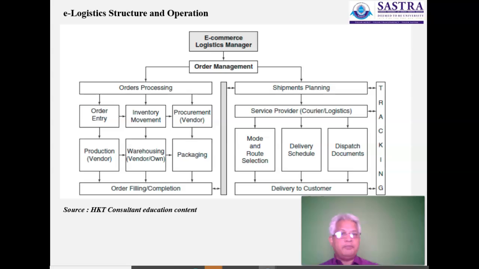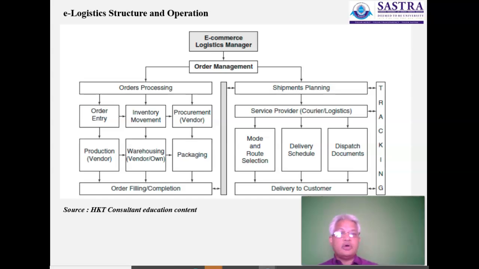So, it can be a courier company based on the quantity, the size of the product and the value of the product, the sensitivity or the fragility of the product. You can use a courier or you can use a logistics company and use any mode of transportation. We have covered all the different modes of transportation to send the goods.